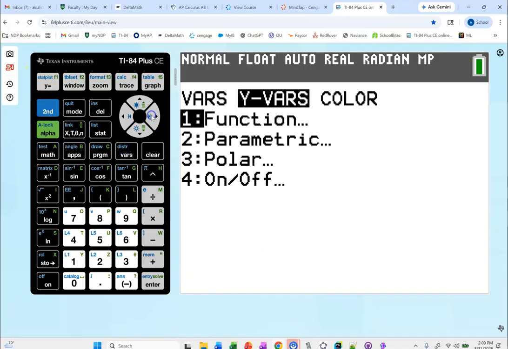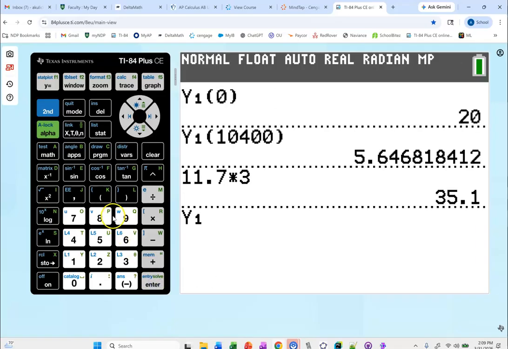So I'm just going to do Y1 of 0. That tells me I had 8 cute little bunnies at the start.